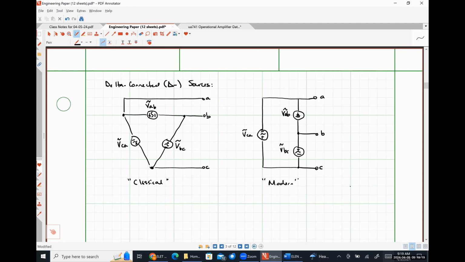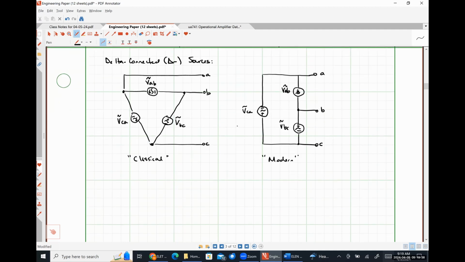So our definitions of what a phase voltage is, what a line voltage is, what a phase current is, and what a line current is, do not change depending on how things are connected, okay? So a phase voltage is always just the voltage drop across one phase. The line voltage is always just the voltage drop between the transmission line terminals. So with that in mind, what are our phase voltages for this system?